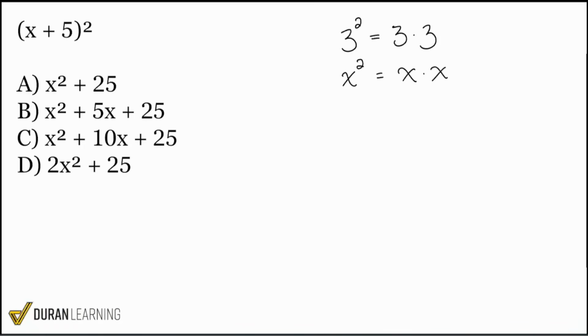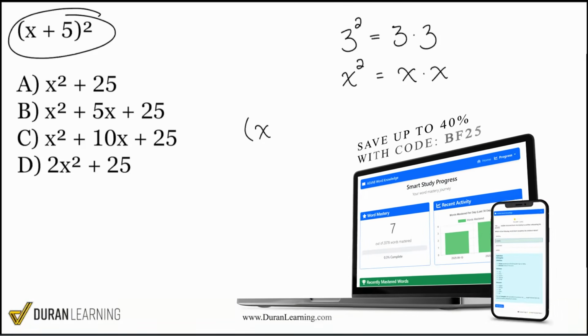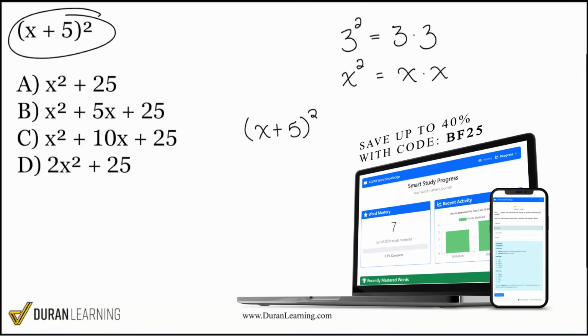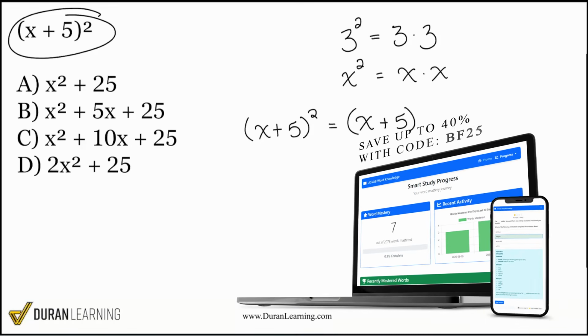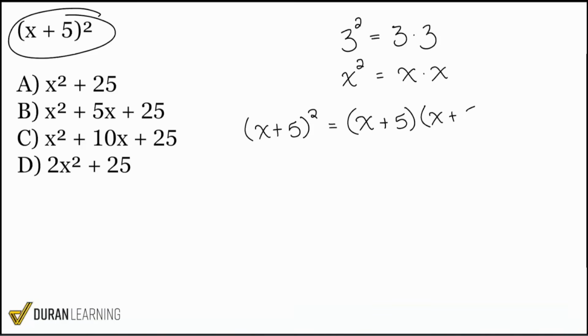So what am I getting at with this? What I'm getting at is x plus 5 all squared. That is the same thing as saying x plus 5 times x plus 5. Again, because if you are squaring anything, it is the same as that number multiplied by itself.